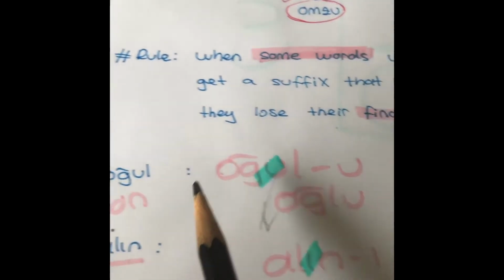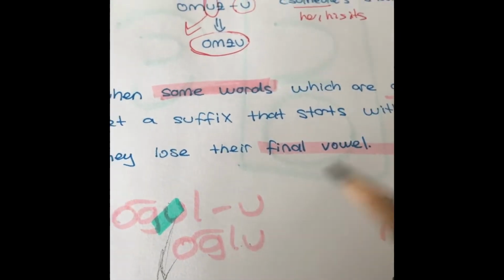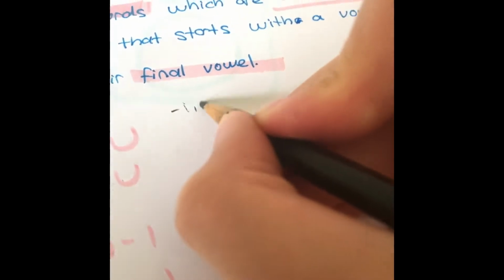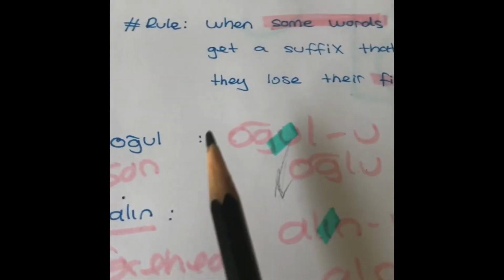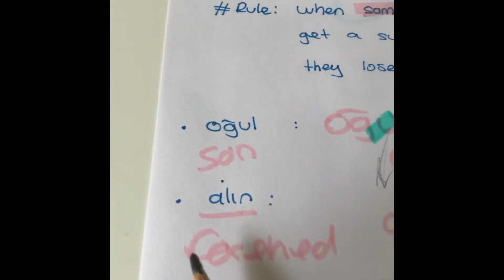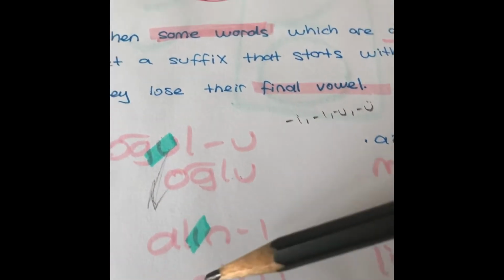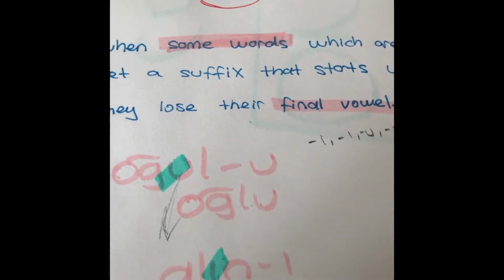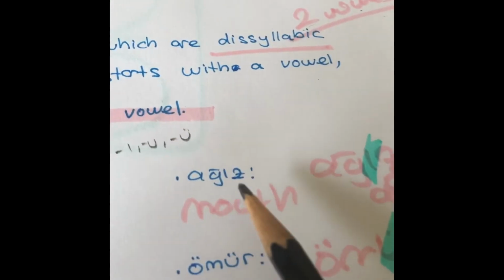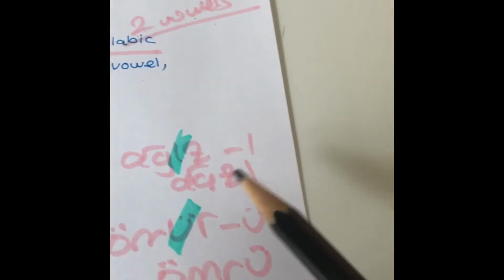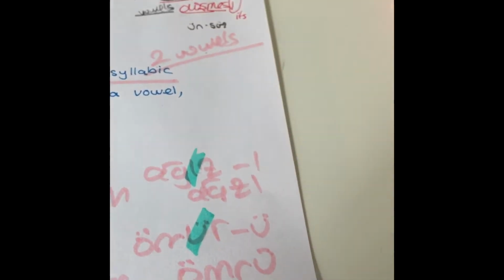Oğul means son, and when we add u, meaning his, her, son, or this son, we learned that these both mean his, her, and the. So oğlu means someone's son, alın is forehead, and alını is someone's forehead, alnı. This fell, as we say in Turkish, ünlü düşmesi, the falling of vowels. Ağız means mouth, and ağızı turned into ağzı. Ömür, lifetime, ömürü turned into ömrü.